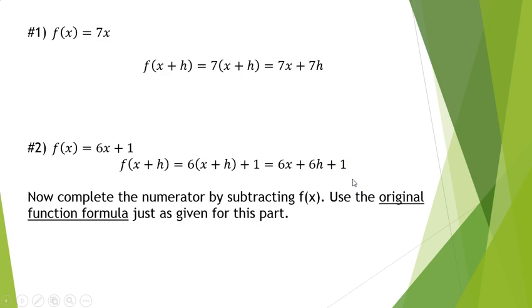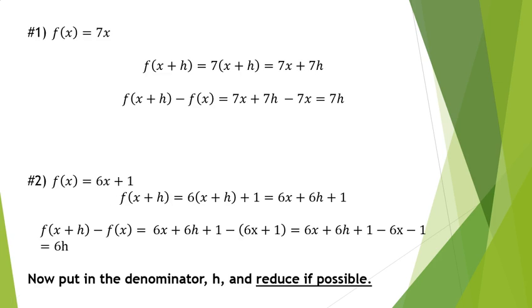Now looking back at the definition of the difference quotient, we'll complete the numerator by subtracting f of x. f of x is the original function. We'll use the original function formula. So here was our first one. f of x was 7x.